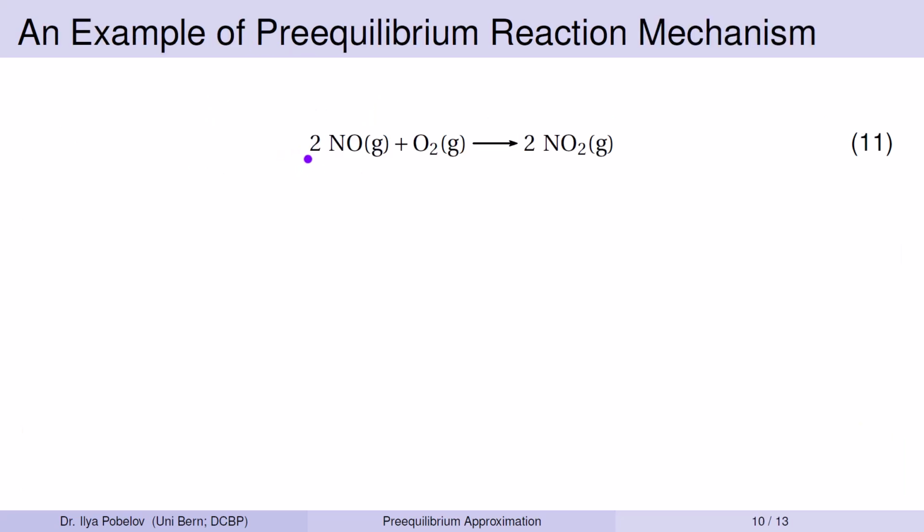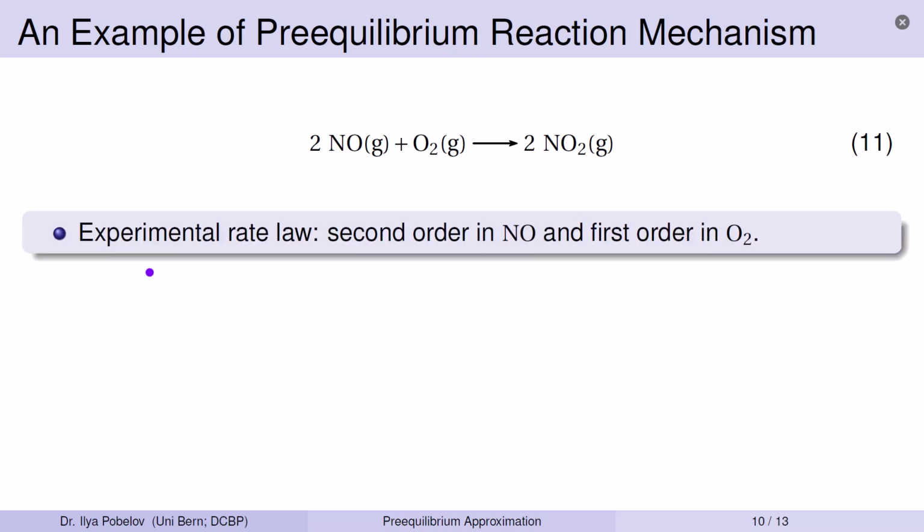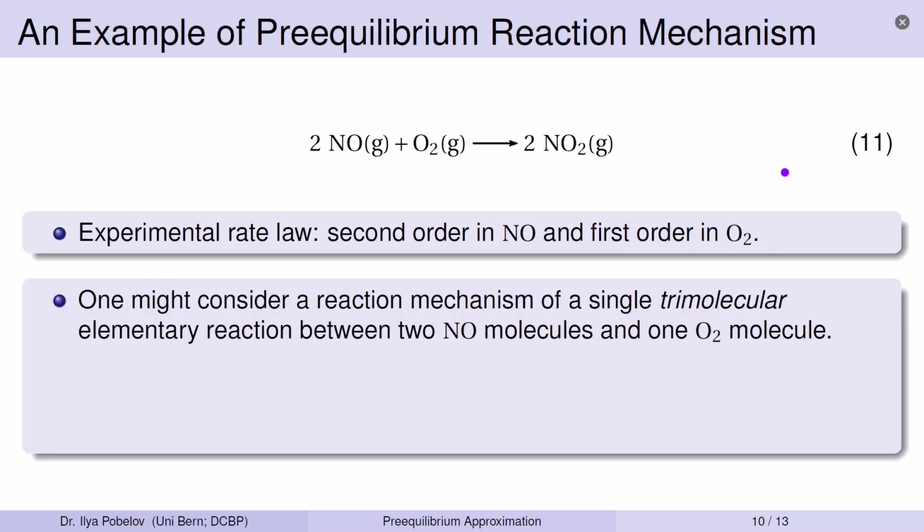The reaction between nitric oxide and oxygen to form nitrogen dioxide serves as an illustrative example of the application of the pre-equilibrium approximation in understanding reaction mechanisms. The experimental rate law for this reaction is second order in NO and first order in O2.